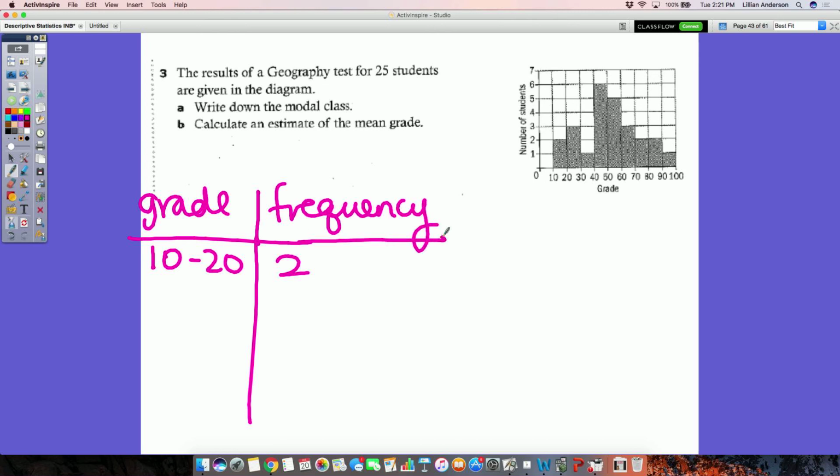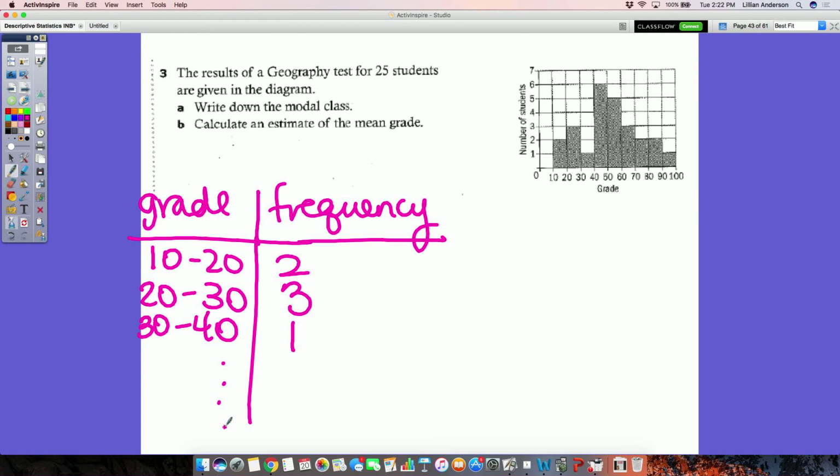What would be the second class? 20 to 30. What's the frequency of that? What would be the third class? 30 to 40. What's the frequency? And you could continue this process, okay? So if it asked you to recreate a table, you could, just by pulling that information from the graph.